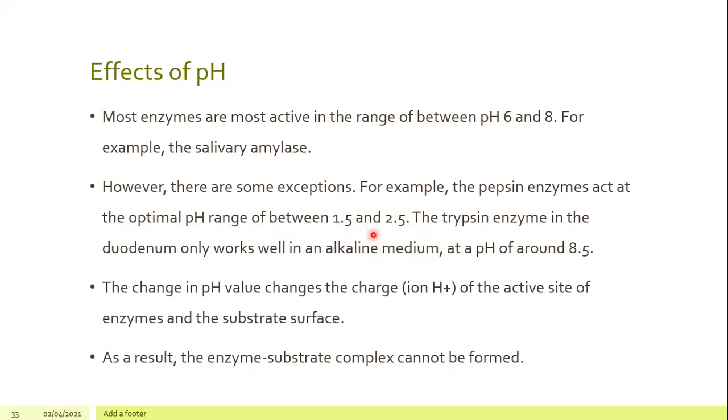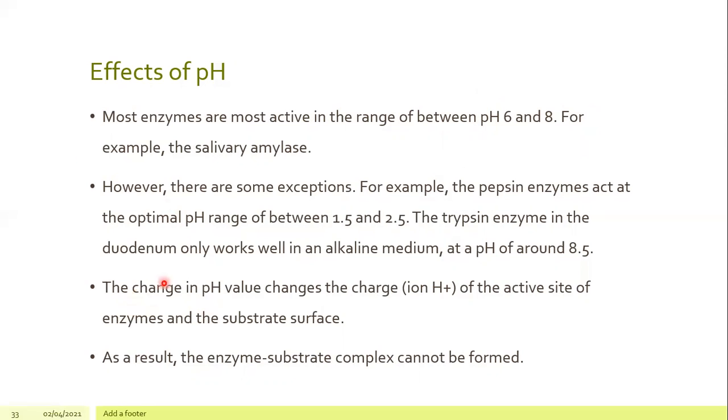On the other hand, trypsin, which is found in the duodenum, only works well in an alkaline medium. The optimum pH for trypsin is around 8.5, which is slightly alkaline. But for most enzymes, it is around 6 to 8, which is quite neutral.